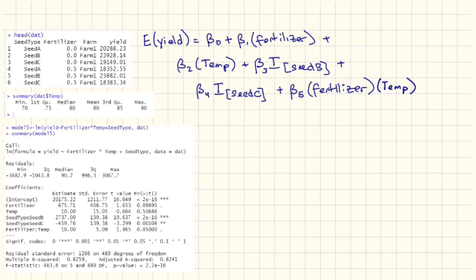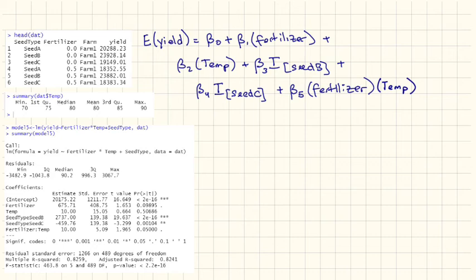So in this one, you can see how I've done a little interaction between the fertilizer and the temperature. So this is asking, does fertilizer work better at certain temperatures? And then I have plus seed type. So seed type doesn't have an interaction in this one.